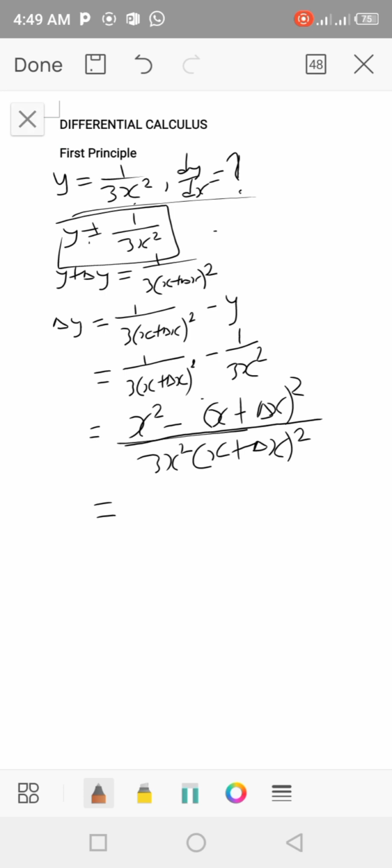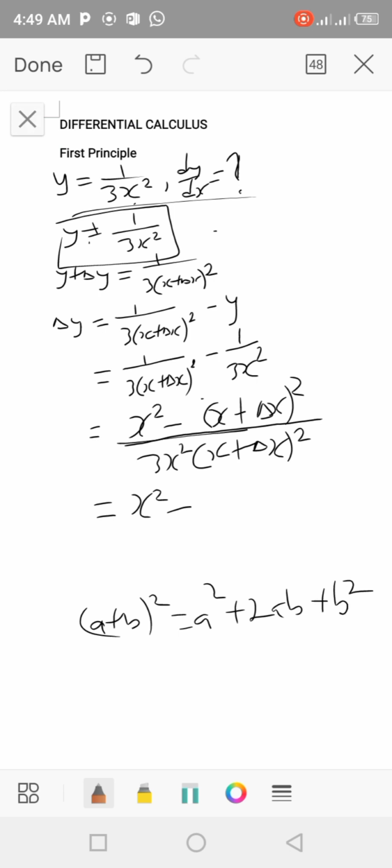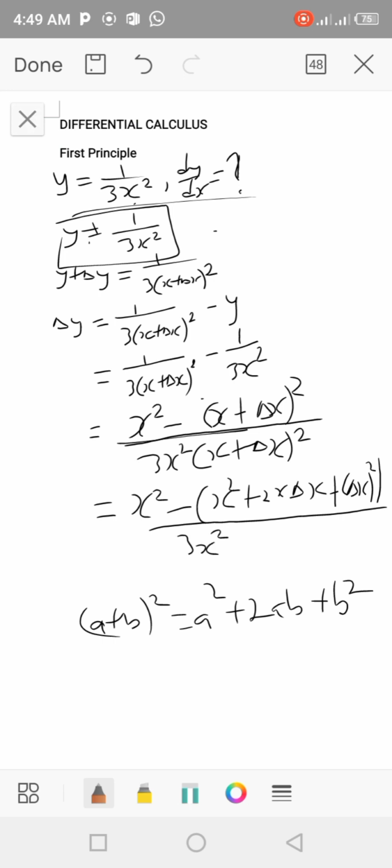So now x squared minus, so difference of squares, if (a plus b) squared is a squared plus 2ab plus b squared, then (x plus Δx) squared will be x squared plus 2x Δx plus (Δx) squared, whole over 3x squared (x plus Δx) raised to power 2.